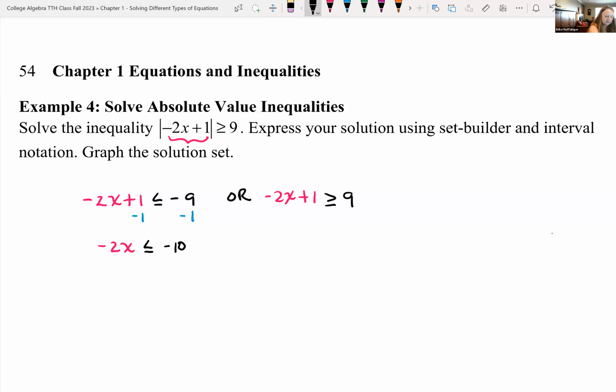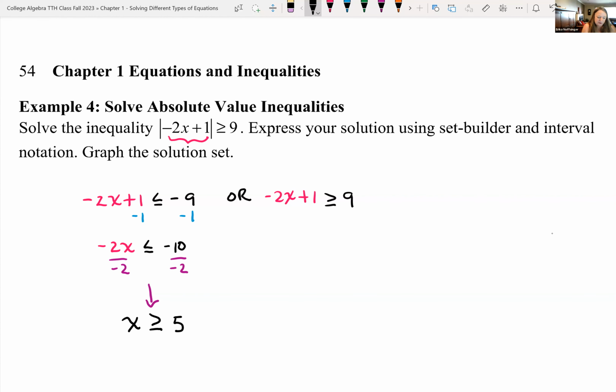We want to get x by itself, so we're dividing by -2. If we do that, though, that flips our inequality sign because we're dividing by a negative. So negative 10 divided by negative 2 is positive 5. X is greater than or equal to 5.